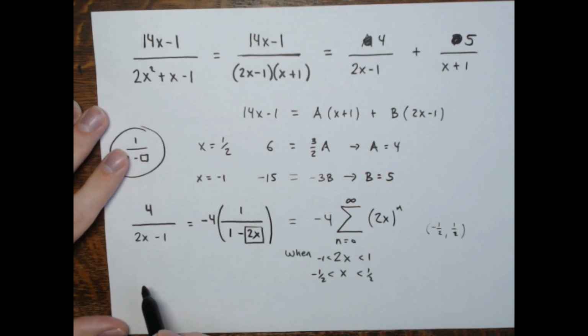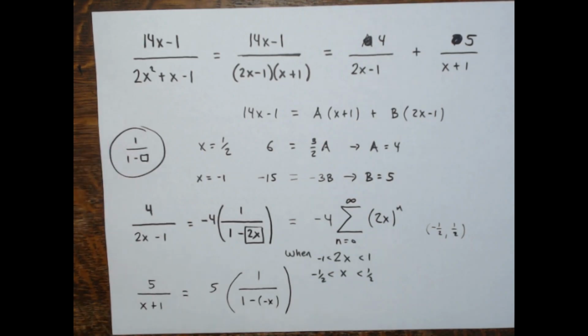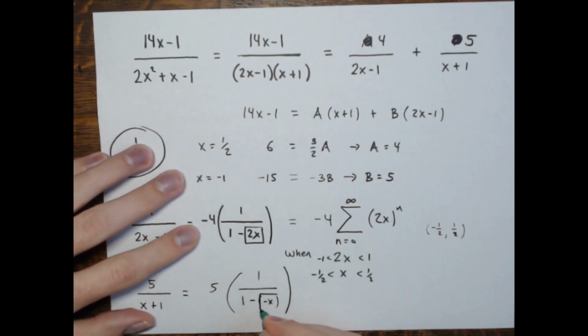The second fraction, 5 over x plus 1, we can think of that as 5 times 1 over... Now, x plus 1 is the same thing as 1 minus -x. So the expression in the box this time is -x.